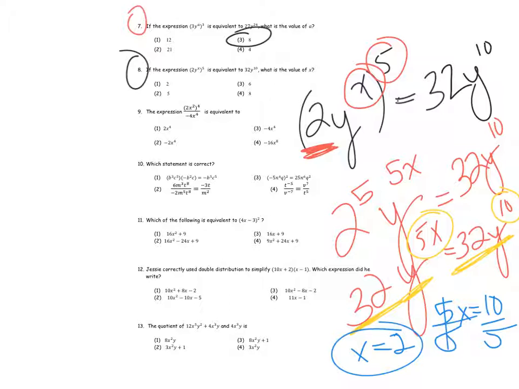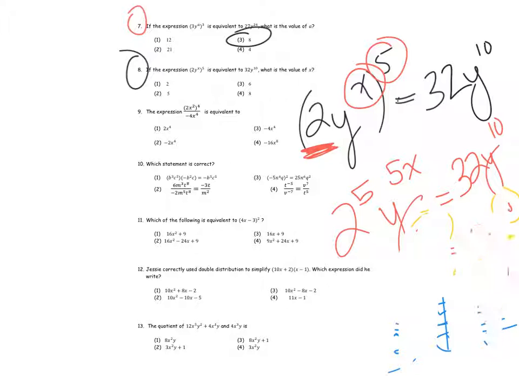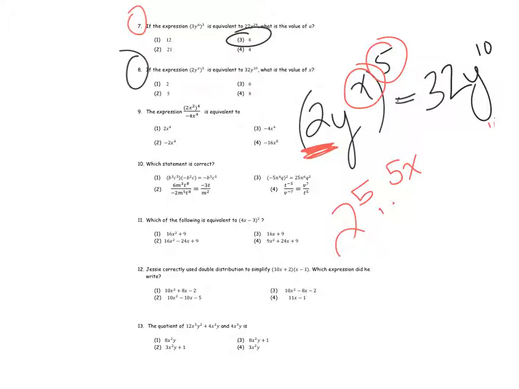All right, now I want to take a look at the bottom question here, number 13. So for number 13, it asks you to find the quotient of a binomial and a monomial. What does the word binomial mean?